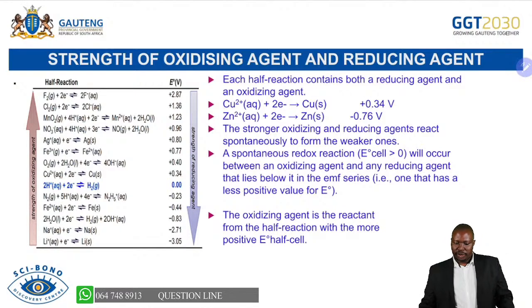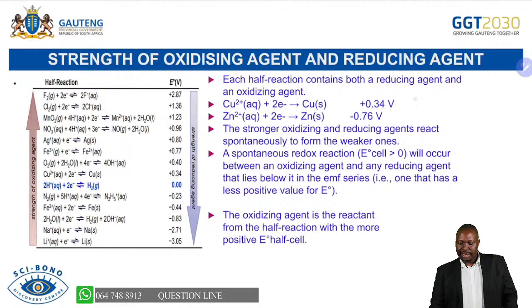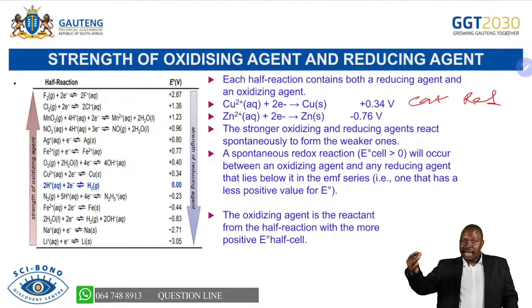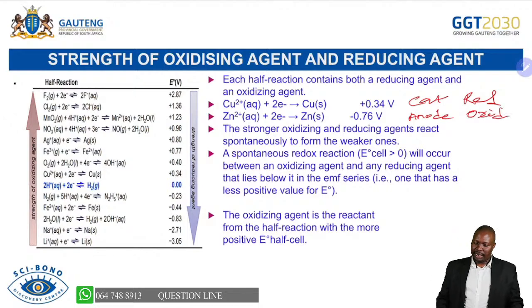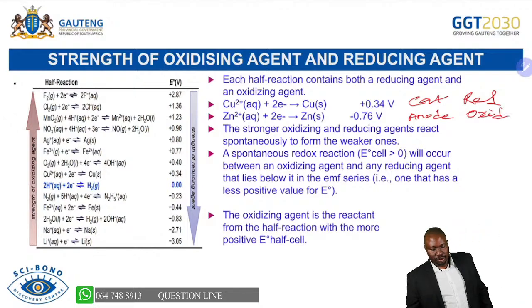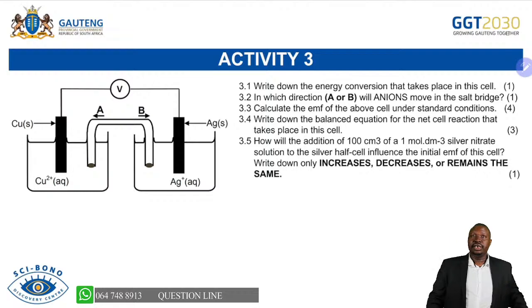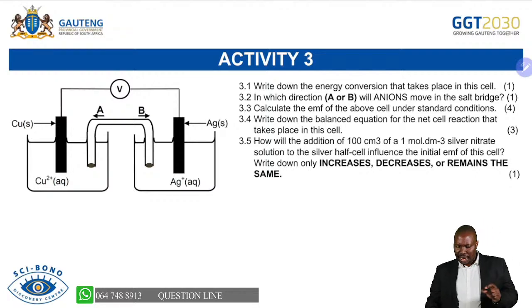So obviously, that will be in our cathode, and our cathode we said is red cat. So you know it's a reduction because it has a higher standard reduction potential. The other one is in our anode, because our anode is undergoing oxidation. So you're always remembering that. I've shown you that even on the left of the reaction, you have a stronger oxidizing agent and reducing agent.